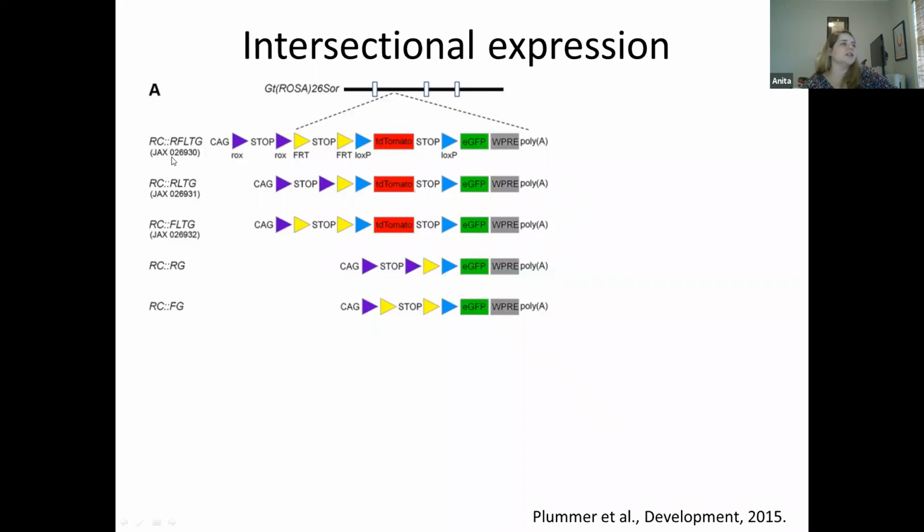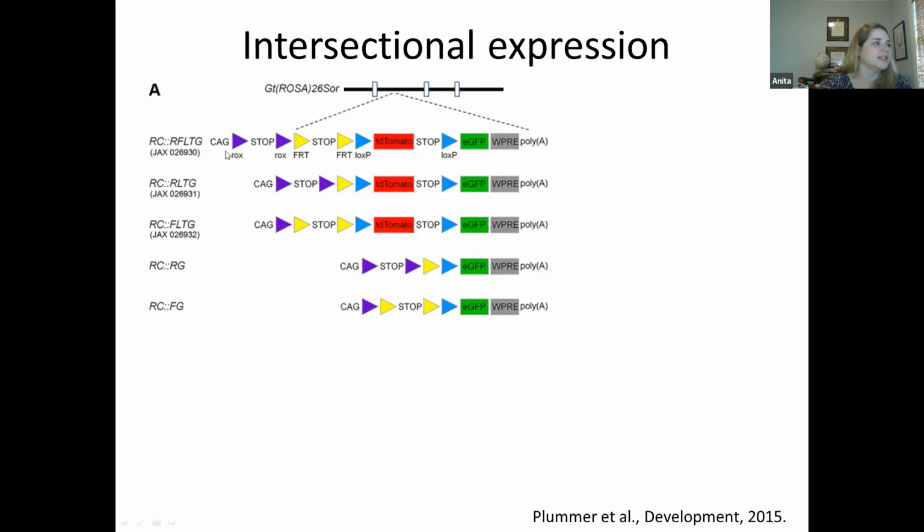But here you can have your different recombinases expressed in different cell types, for example, and start to get intersectional expression. So maybe it's better to stick with just 2, but in this case, they did use 3.